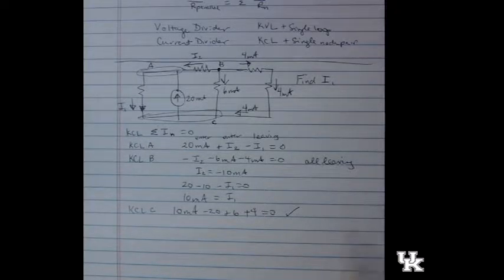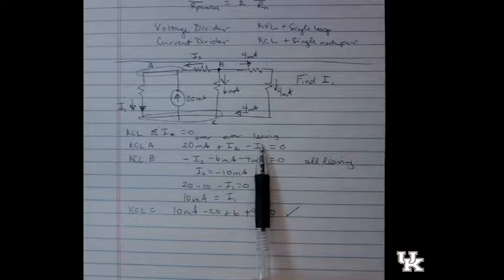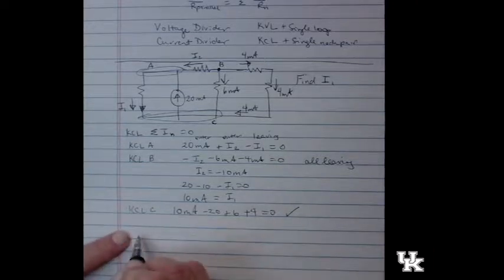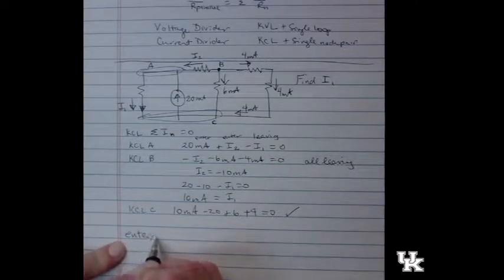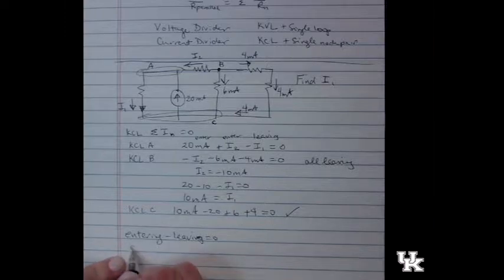All right, so what I initially said is the ones that were entering were positive, and the ones that were leaving were negative. That's one way of doing it. Entering minus leaving equals 0. I'm going to write that over here: entering minus leaving equals 0. You can see mathematically that that's the same as entering equals leaving.